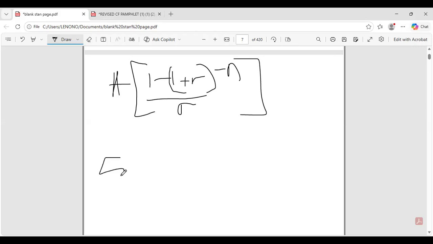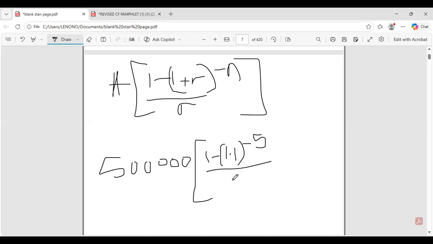That gives 500,000 times 1 minus 1.1 to the power -5, over 0.1.